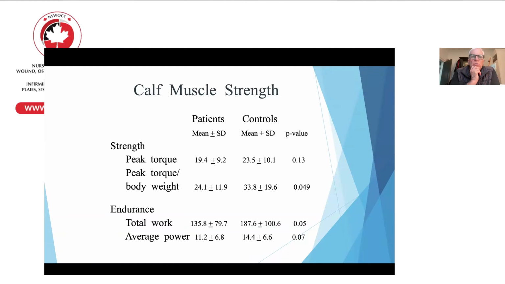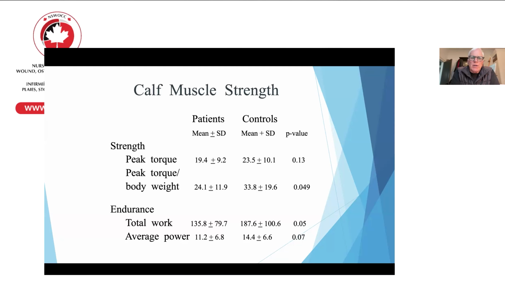What we also know from other work, and this is from a study that we did, again some years back, looking at the muscle strength in patients who've had venous ulcers versus normal age-matched controls. And you'll see there are a variety of different ways of measuring strength or endurance.